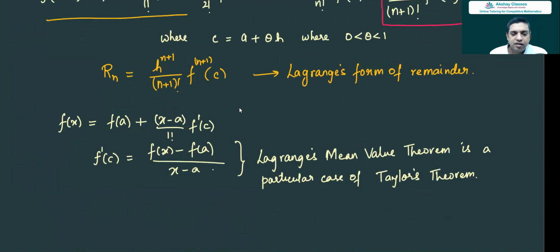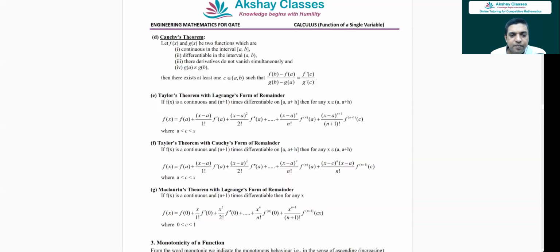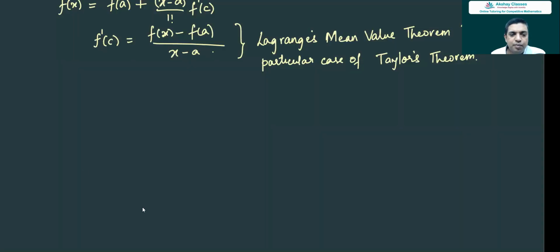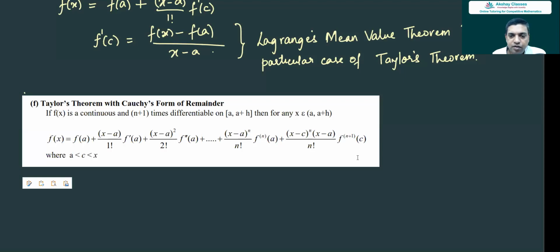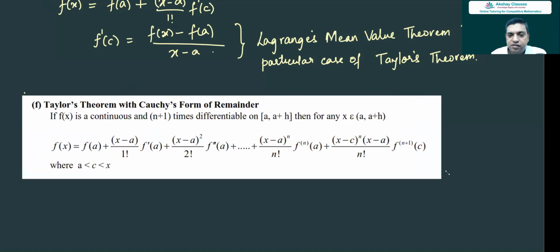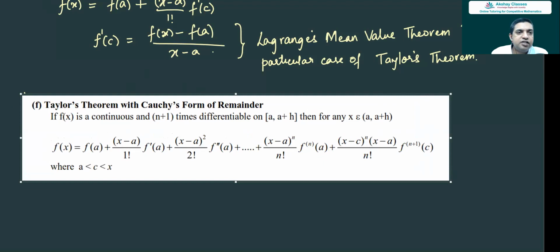Now, next, we can have Taylor's theorem in another form, with Cauchy's form of remainder. This is a little different. However, for our purposes, without going too deep into these series, we stick to Lagrange's form of remainder, but we should know Cauchy's form of remainder.